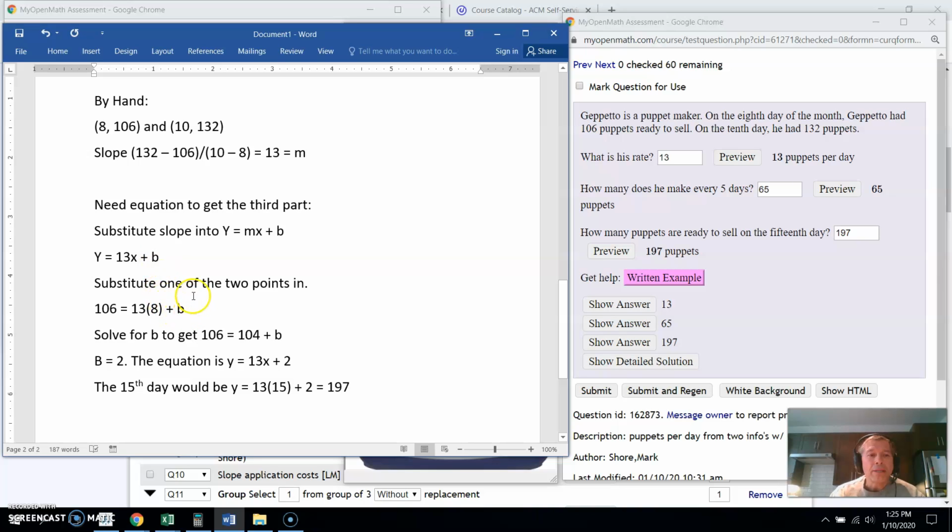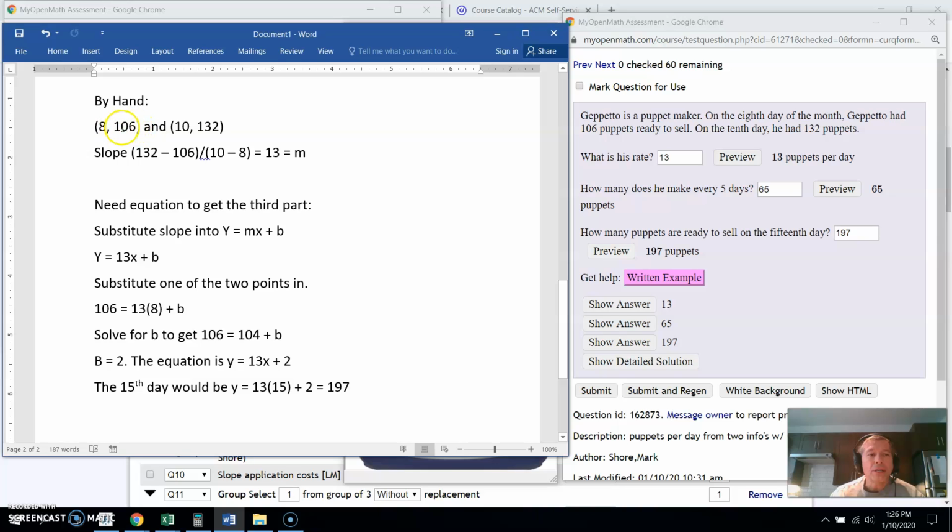To get your b, your y-intercept, which the calculator got for you automatically, just like it got the slope, to get the b by hand you have to not only substitute in the slope, but also one of these points. It doesn't matter which one you use, whether it's 8, 106, or the 10, 132. I just use the 8, 106. Remember, this 8 is the x value and this is the y value.